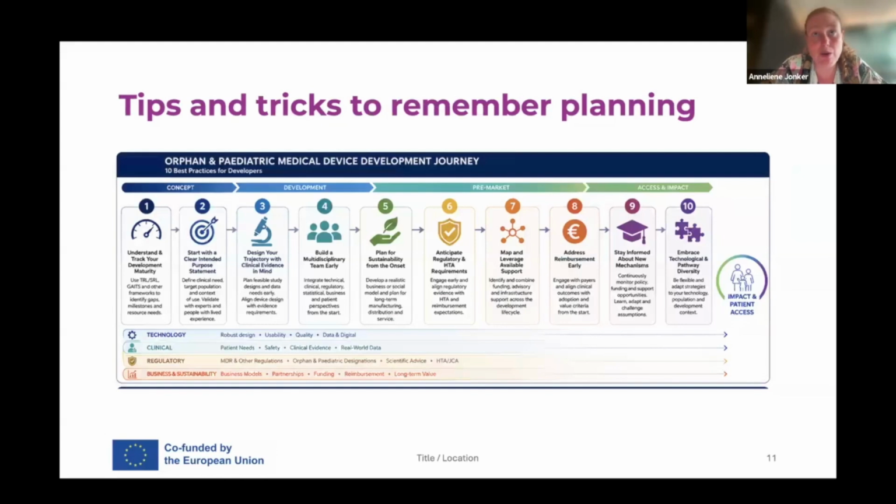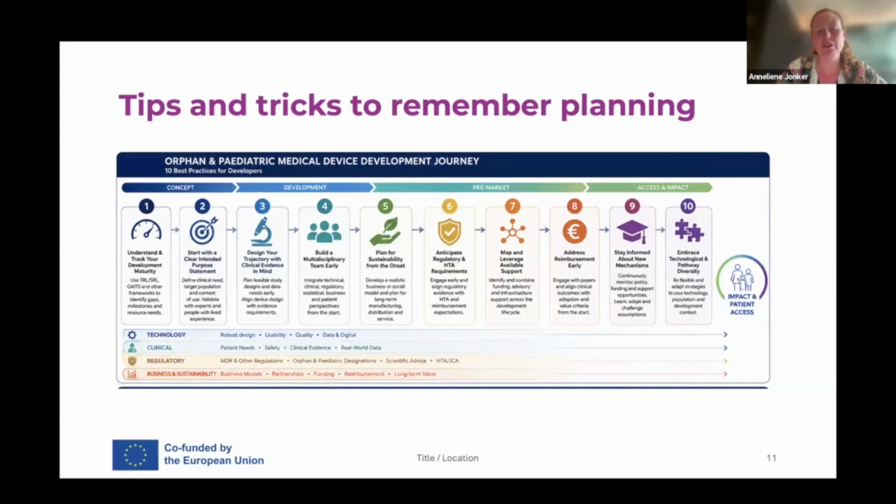So this was quite a theoretical section, but really the idea has been that we have many different supports and ideas out there throughout Europe that we can actually rely on in development, using this GAITS framework. But maybe to close off, we do have a number of tips and tricks to remember while you're planning your development.